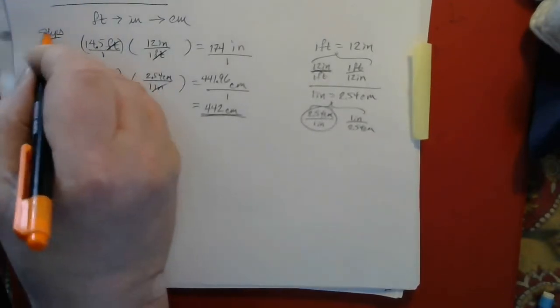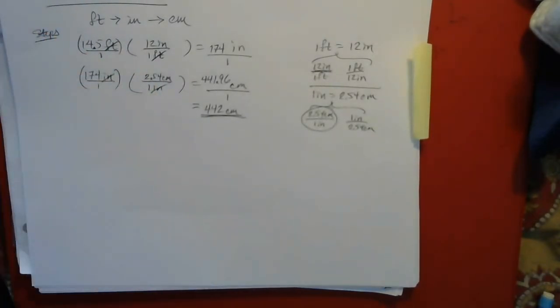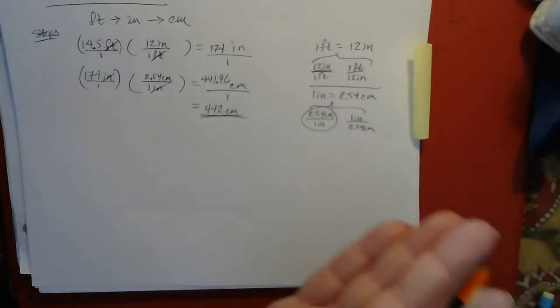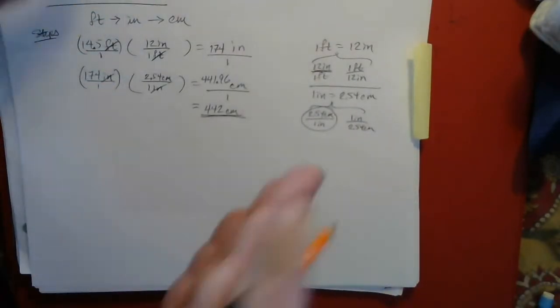It's one thing that you can keep in mind to check your answers is that we're doing a unit conversion in problems like this. That is, you're taking the same measurement and you're trying to express it in different units, but the quantity that you're expressing should be the same. 14.5 feet and 442 centimeters are the same distance.